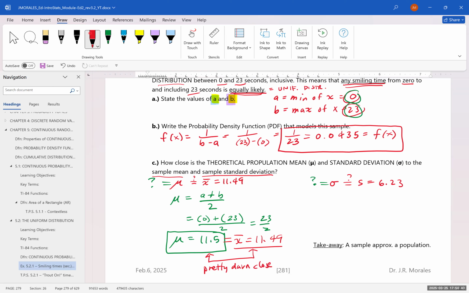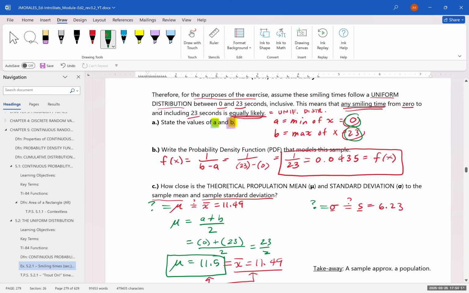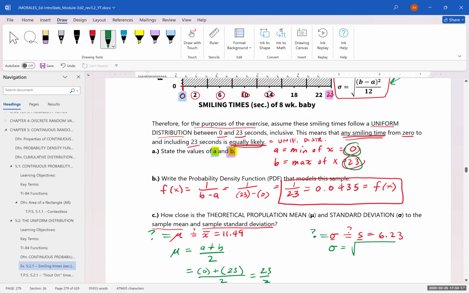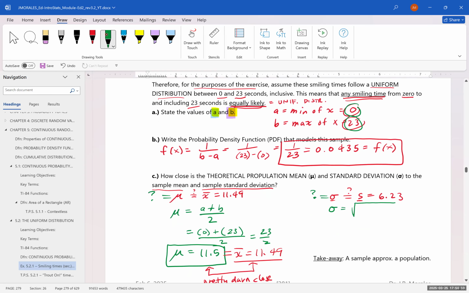All right, let's calculate population standard deviation versus the sample. So the theoretical population standard deviation is equal to the square root, what was that, of b minus a squared divided by 12.